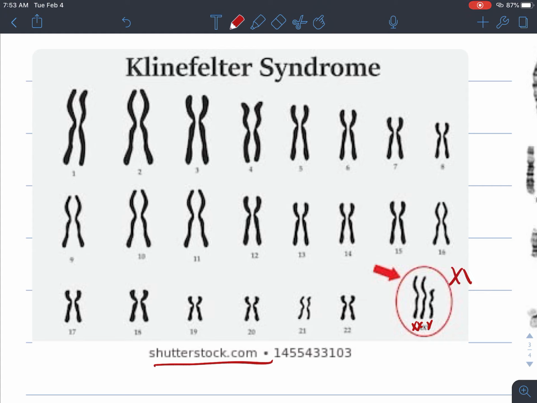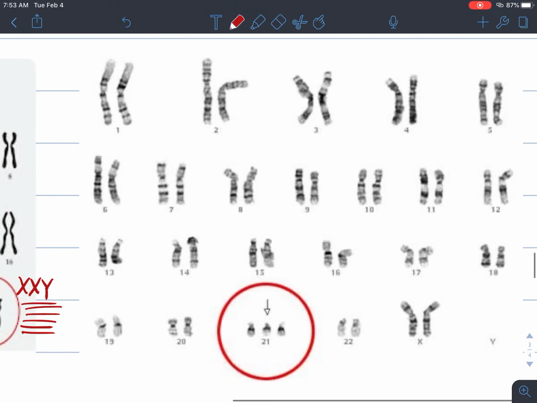And since this person's sex chromosomes are XXY, they could still live and be born, but they would be born with a genetic syndrome that we call Klinefelter syndrome. And so they would have some disabilities that could impact their life because they have that extra chromosome.